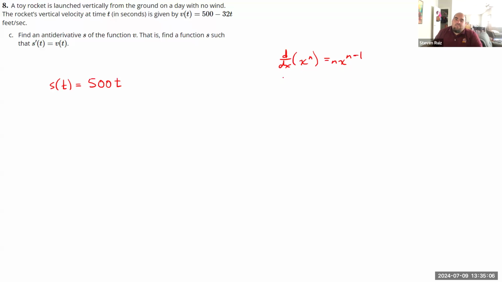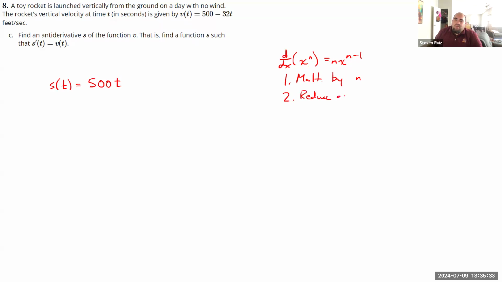What do we do here when we take a derivative? Well, we do two things. First, we multiply by n. You might think of bringing down that n, but we're multiplying this term by the exponent n. And then what's the number two thing we do?